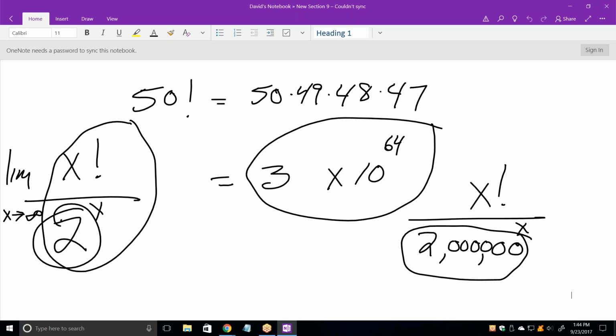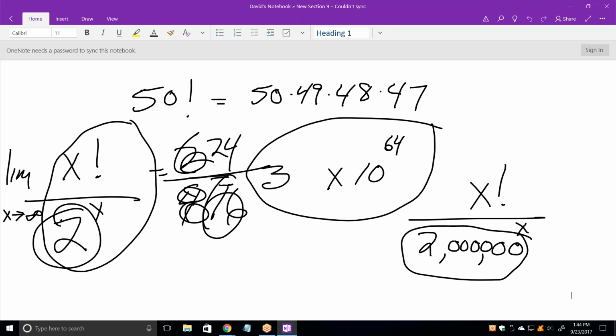In other words, this doesn't go faster than the top if x is 2. If x is 2, you have 2 divided by 4. The bottom's bigger. But the moment x gets to be 3, now you have 6 divided by 8. Bottom's still bigger. But when x is 4, you have 24 divided by 16.